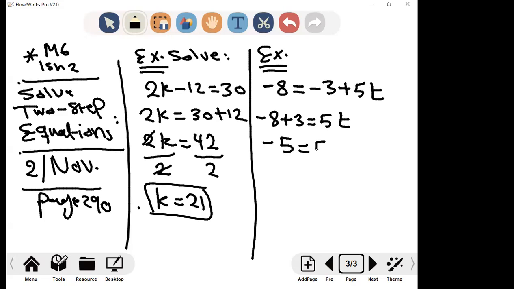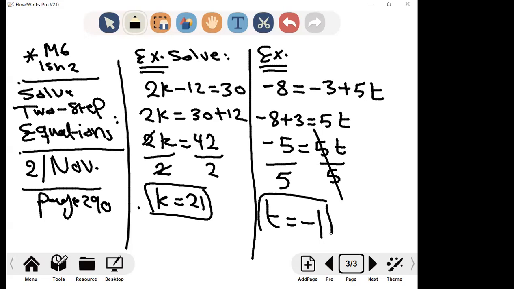Negative 5 equal 5t. Now the coefficient is 5, not negative 5. So I will divide both sides by 5. Now t equal negative divided by positive, negative. 5 divided by 5, 1. So t equal negative 1.